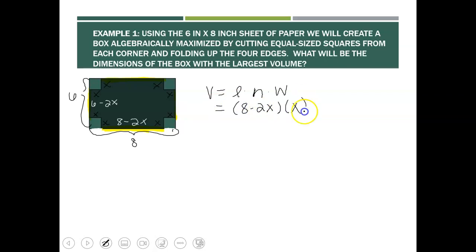The height of the box is x, and the width of the box is 6 minus 2x. So we want the largest possible volume. In order to maximize the volume, I need to find the derivative of the volume. So in order to find the derivative, I'm going to clean up the volume in general.